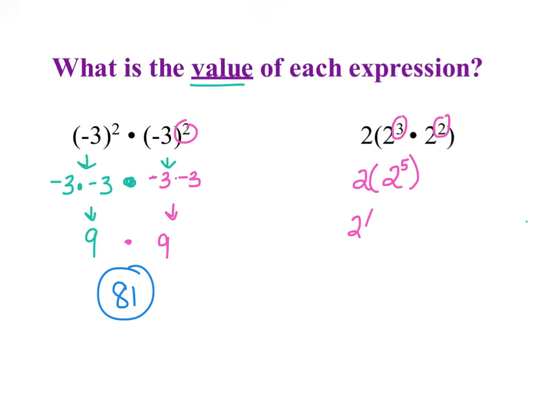Then I could figure out what 2 to the 5th power is, and that is 32. And then I do 2 times 32 and I get 64.